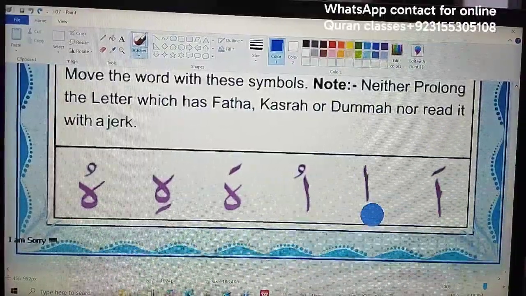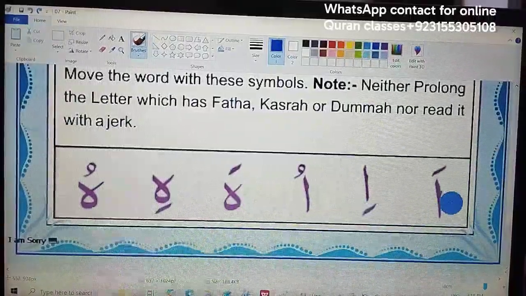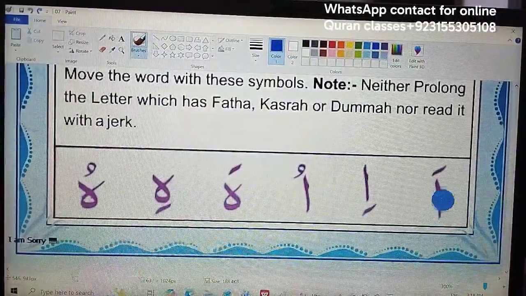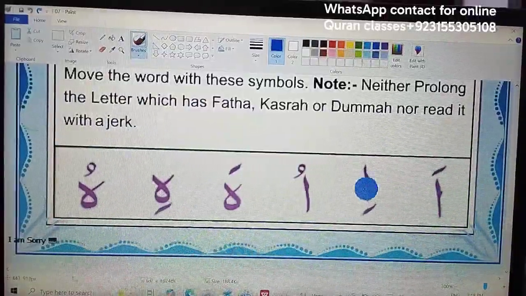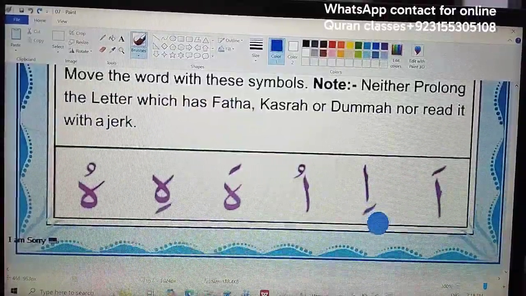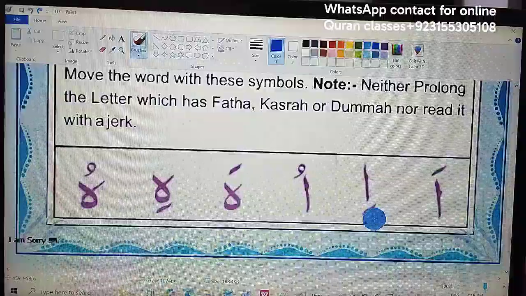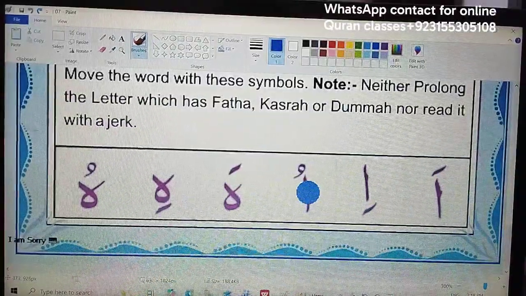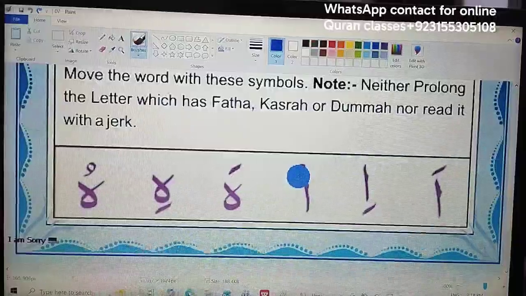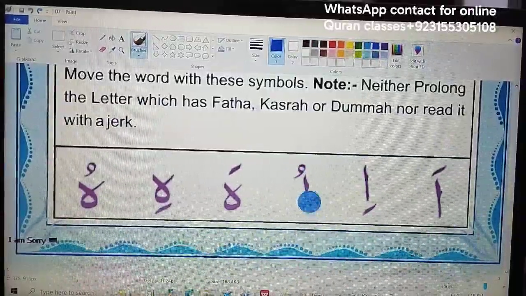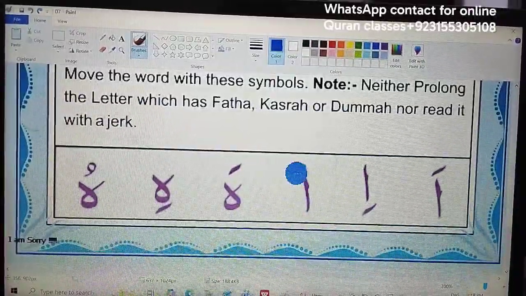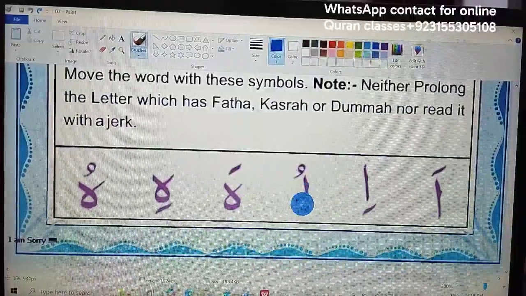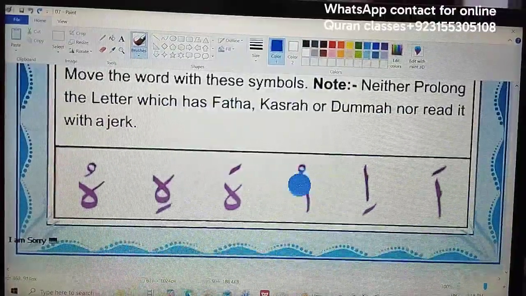Hamza, kasra, e. If fatha is on hamza, the voice of hamza is a. If kasra is below the letter hamza, the voice of hamza is e. And the third one is hamza, dhamma, u. If alif has the movement dhamma, the voice of hamza is u.